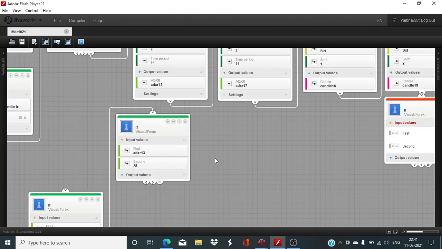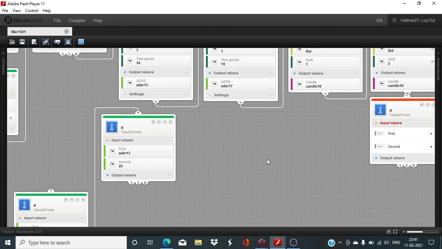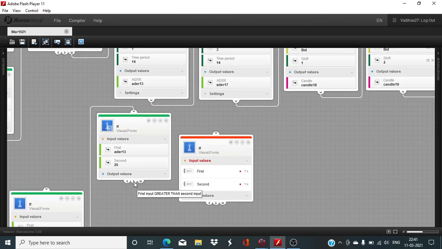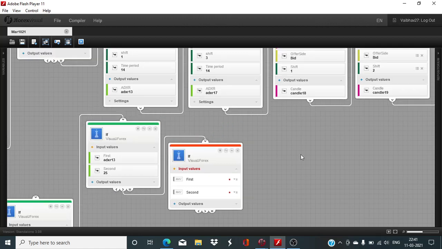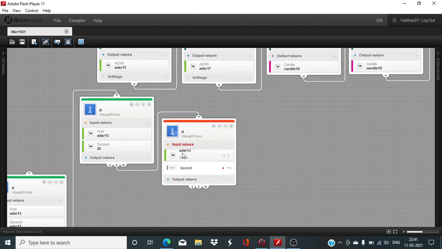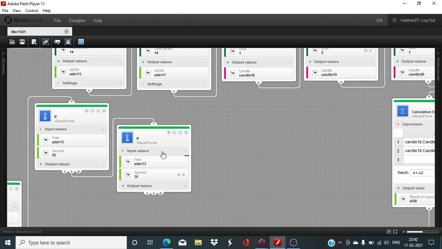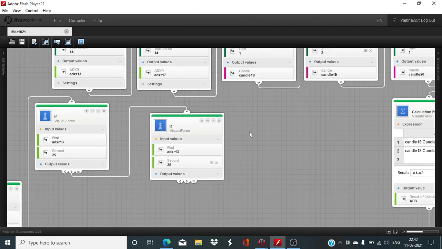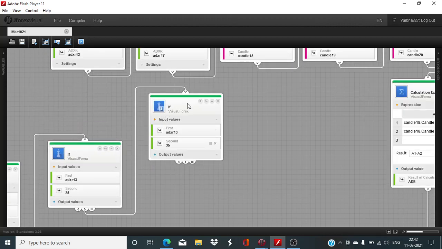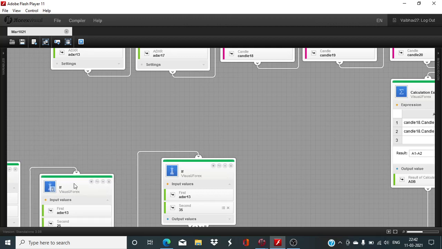I have straight away put the value to do the comparison, and this should be above 25. So first input greater than second input, but on the higher end it should also be below 35. So whenever these are in place, then only trade execution will happen whenever the ADX value is between these two defined limits.